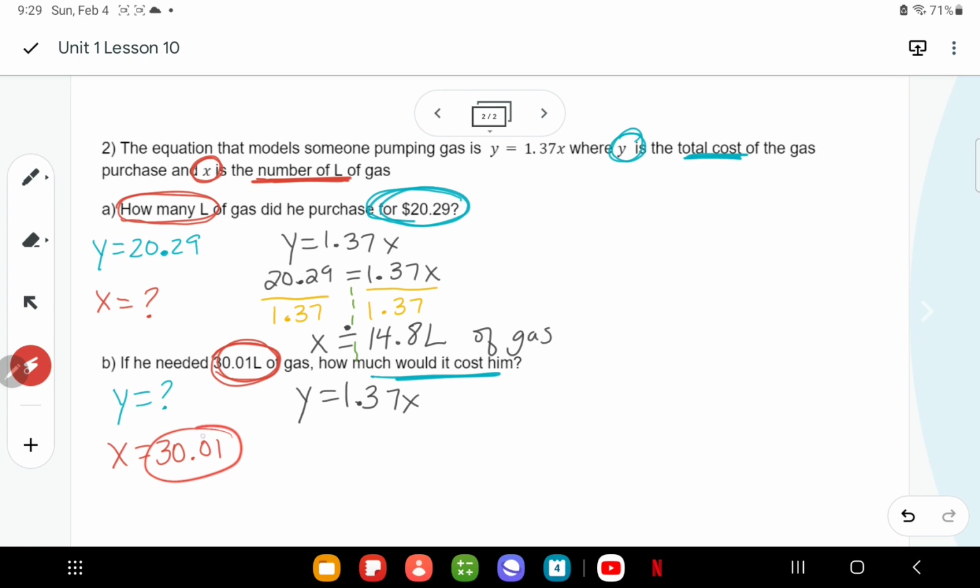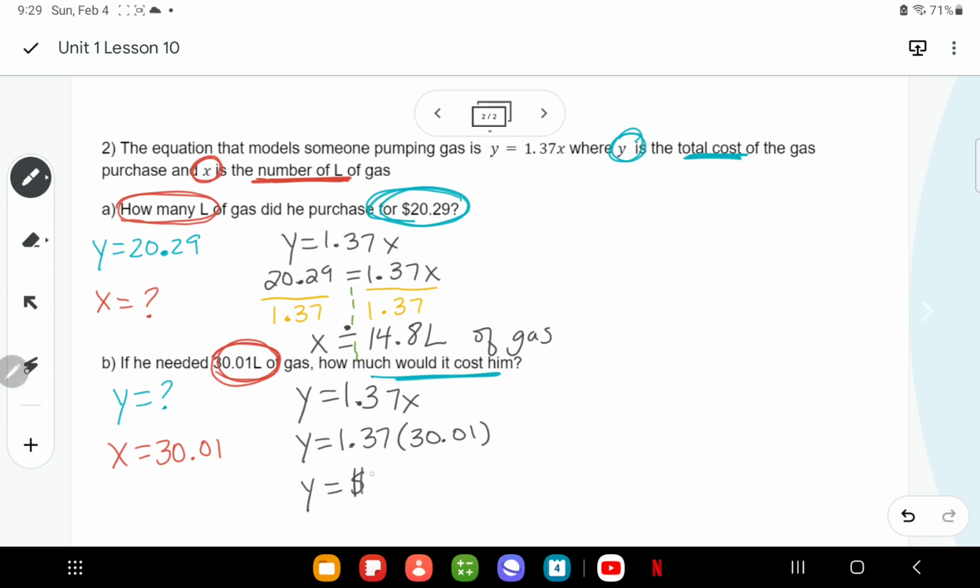And my 30 is the liters, so it goes in where the x is. So here I get y equals 1.37 times 30.01. And on my calculator, I get $41.11. Okay, so again, really being careful to make sure you're putting the number in the correct place, but then these equations are actually pretty straightforward to solve.